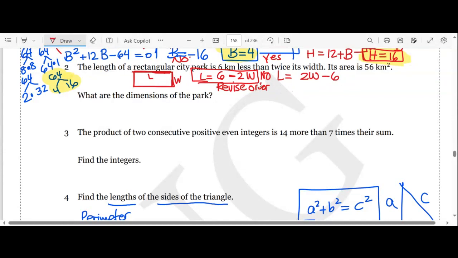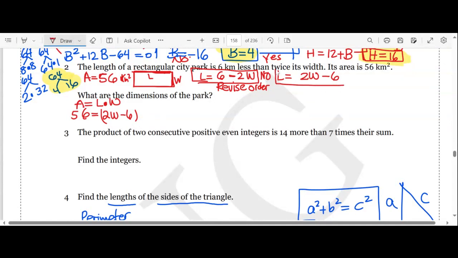Okay? How much is the area? He said 56 square kilometers. Now he's asking for the dimensions. So the area equals length times width. How much is the area? 56, correct? How much is the length? 2W minus 6.